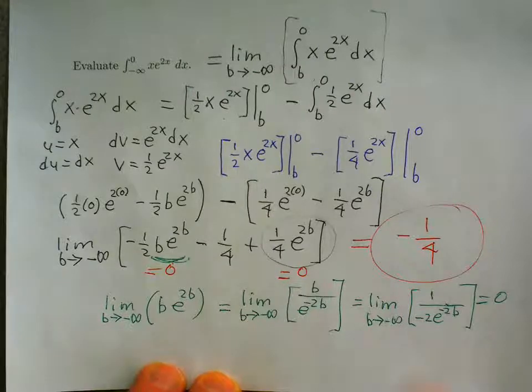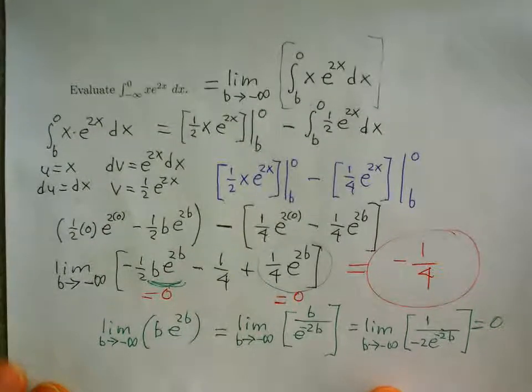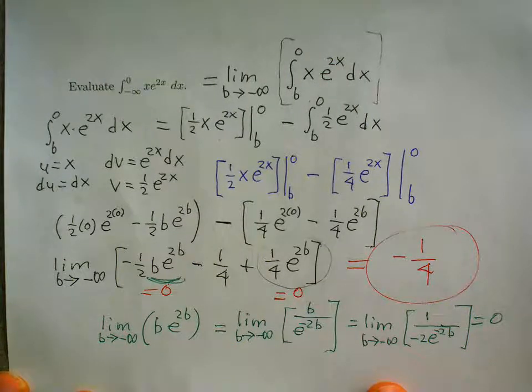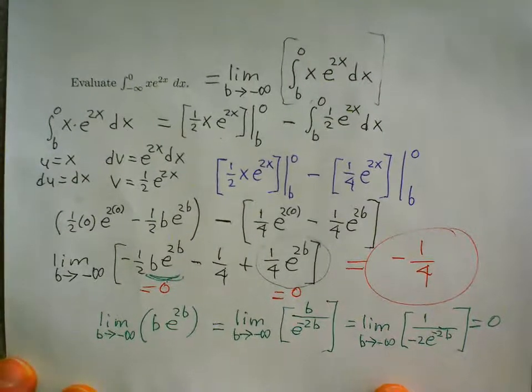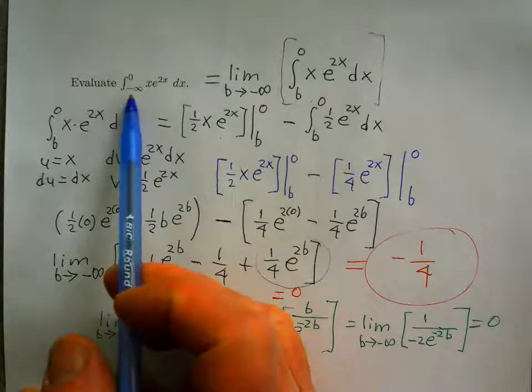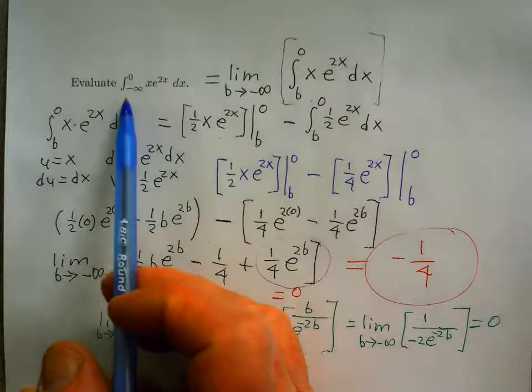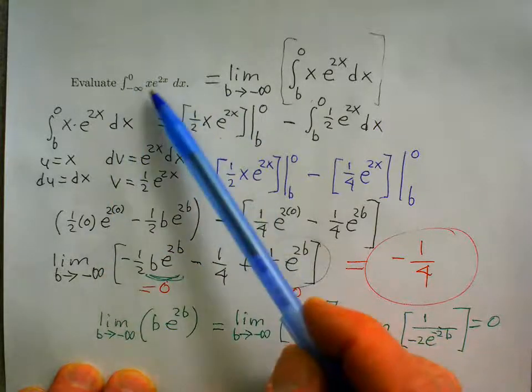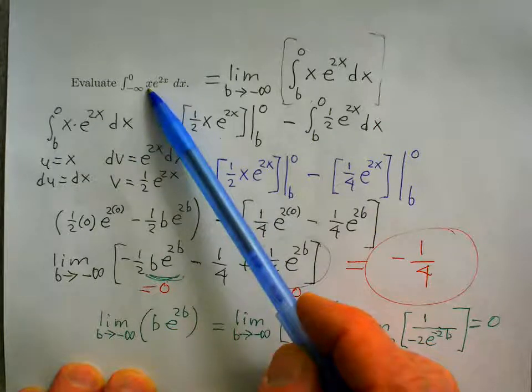Is there a way to verify that at least makes sense? That if the limit exists, it has to be negative? Okay, the limits for this improper integral are from negative infinity to 0. So the only time that x is not negative is when it's 0.